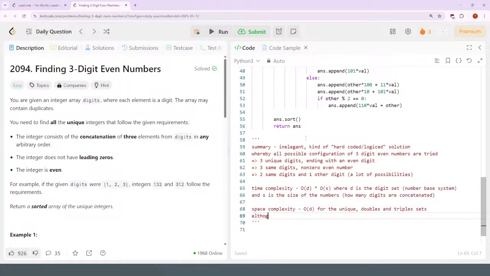Although if the size of the numbers increases, so you have more than 2 or 3, then more sets are needed. No, this solution does not scale.